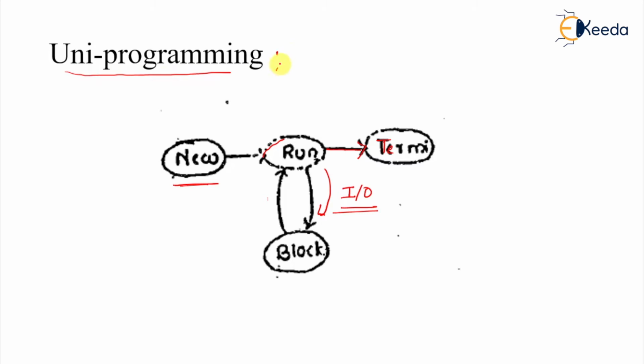What is the disadvantage of the uniprogramming environment? You can understand it this way: if the process is in the blocked state, then the CPU remains idle. It will not do anything, no execution.